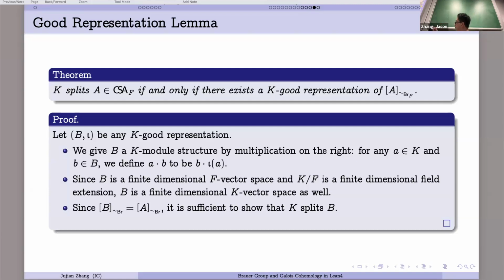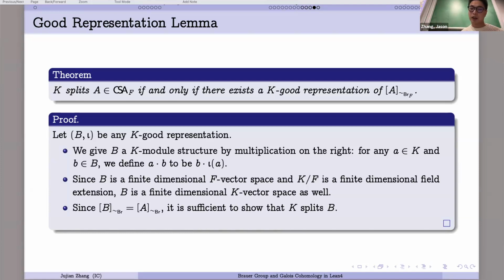That is, if a is an element of K and b is an element of B, then we define the scalar product of a and b to be b times iota of a. And since B is a finite dimensional F vector space by the definition of good representation, and K over F is a finite dimensional field extension, then B must be finite dimensional as a K vector space as well.